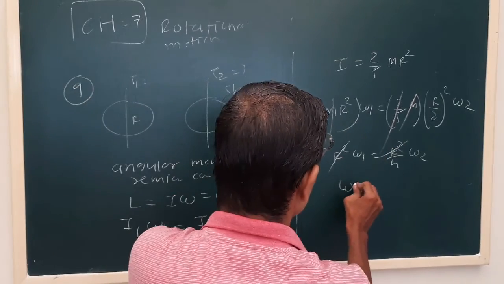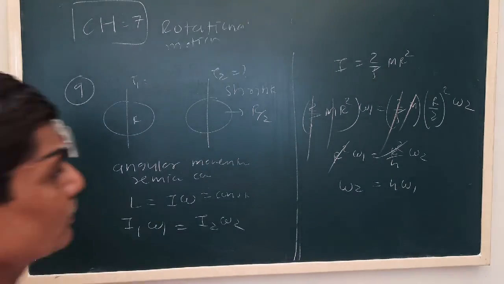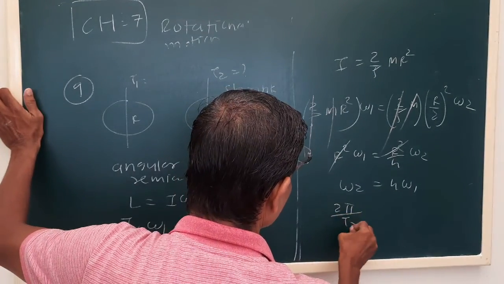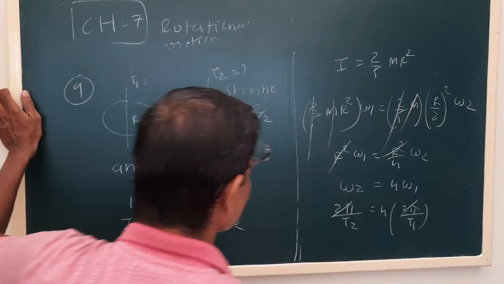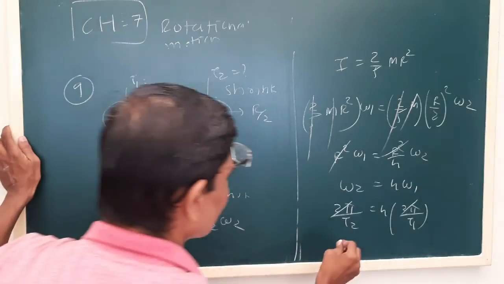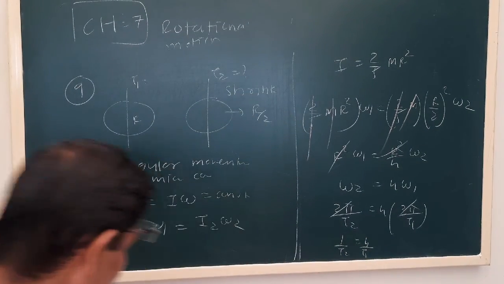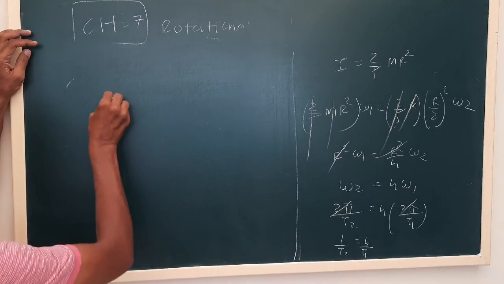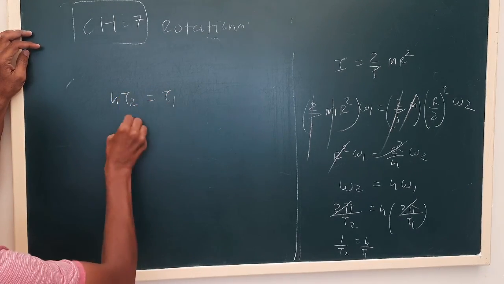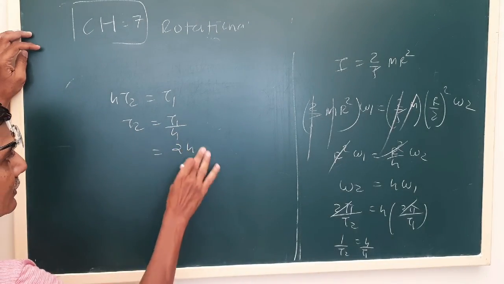So omega 2 is 4 times omega 1. Now see the angular speed is 2 pi upon t, where t is the periodic time. So we can write 1 upon t2 is 4 upon t1. So 4 t2 is t1. T1 we know is given as 24 hours.